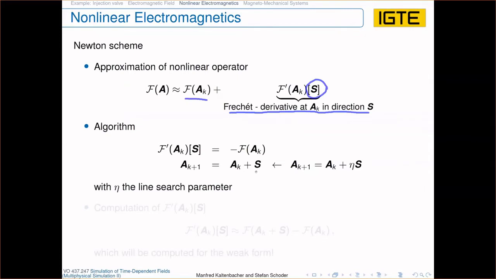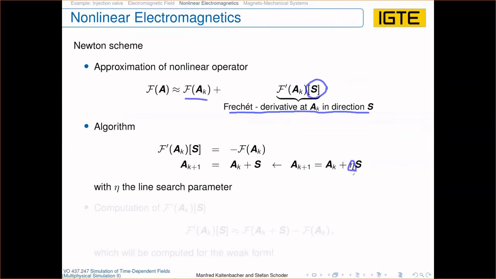And what we actually will do, we will introduce, as you can see here, this eta, because it's a question with which amplitude we go along the search direction, especially at the start where we are perhaps far away from the solution.